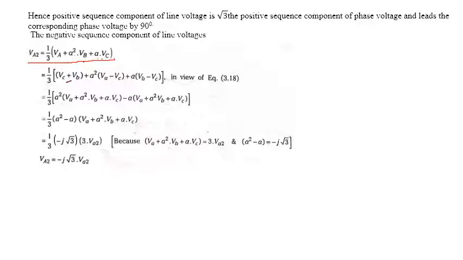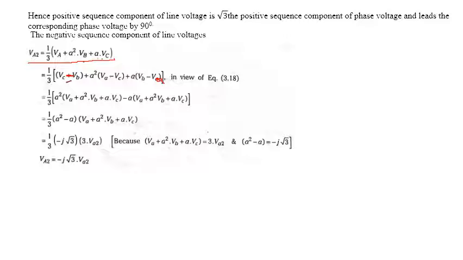Substitute the line voltage values: VA is VC minus VB. It is not a plus, this is minus. VB is nothing but VA minus VC. Similarly, the VC value is VB minus VA.